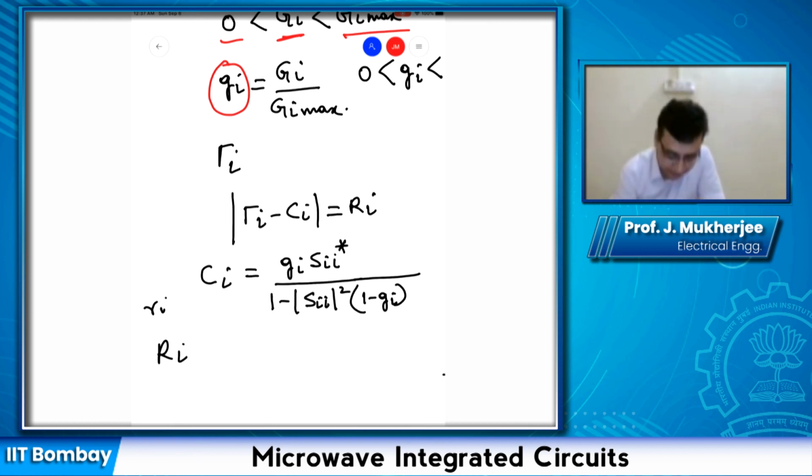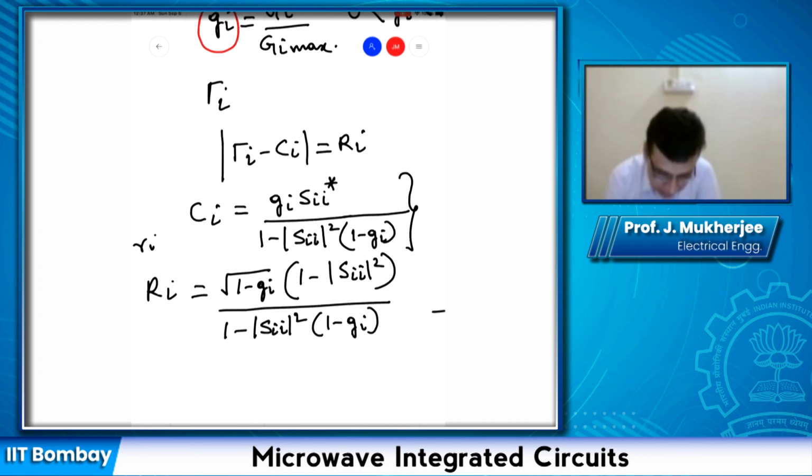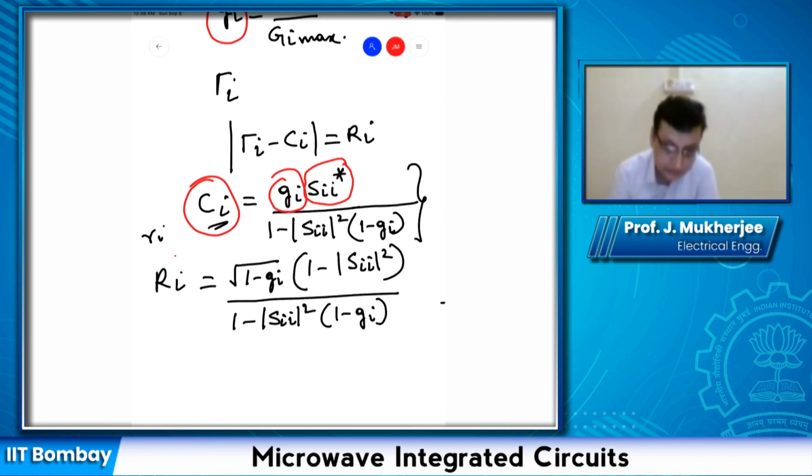This CI is a vector quantity, but this capital RI is a scalar and its value is given by this. Now you can see that the centers are all located along the angle of this SII conjugate. So for various values of GI, we'll get different values of CI and RI, but the circles are not concurrent, and the centers are located on the same line.